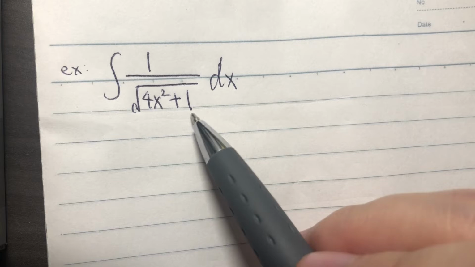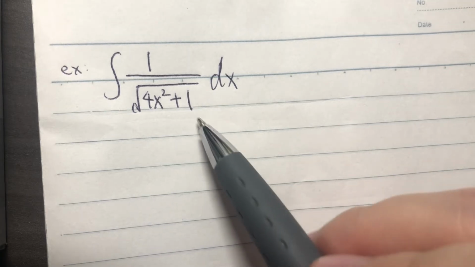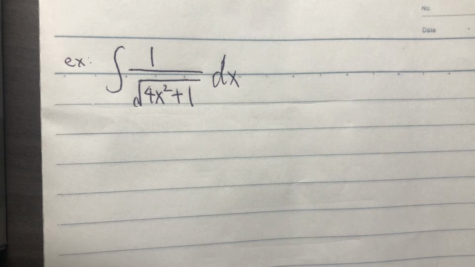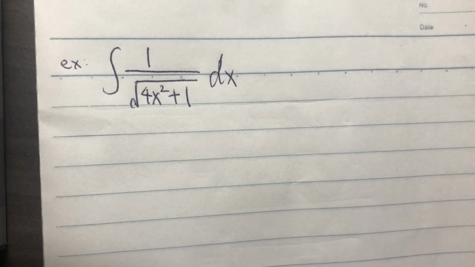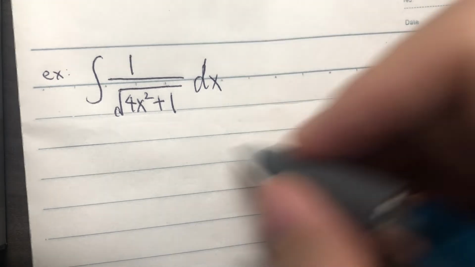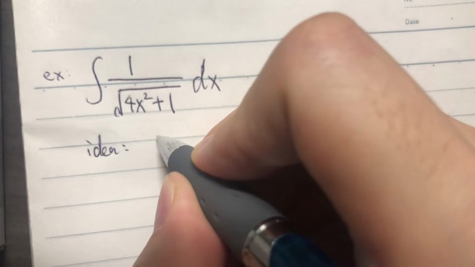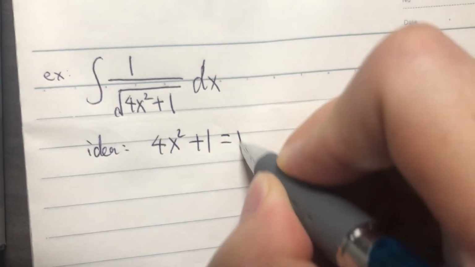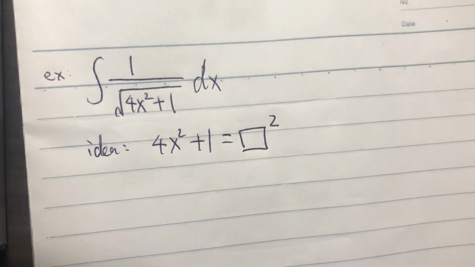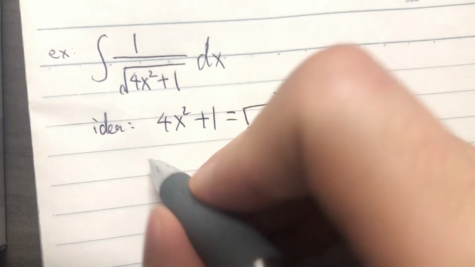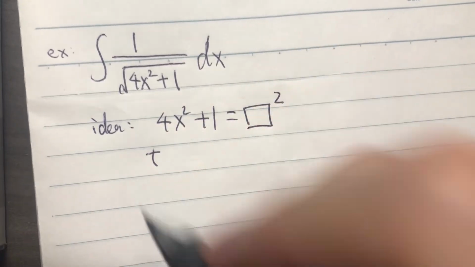Since this 1 is already 1, we can apply an identity. Basically the idea is to write 4x squared plus 1 into something squared. And there is one identity.